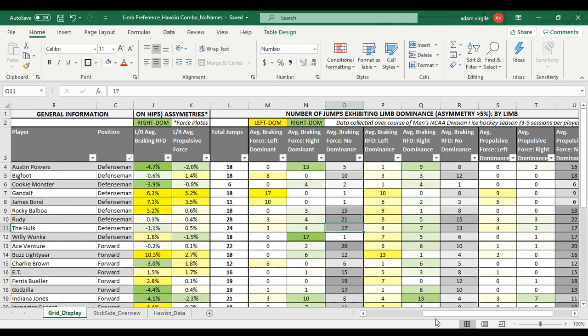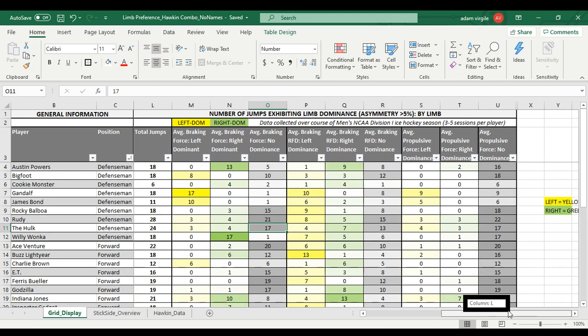But if we move on, looking at the direction of asymmetry now, and the consistency of that direction, we're looking at braking RFD: left dominance here, right dominance, no dominance. He exhibits right dominance according to average braking RFD far more than his left, and that's reflected in his average braking force profile here.